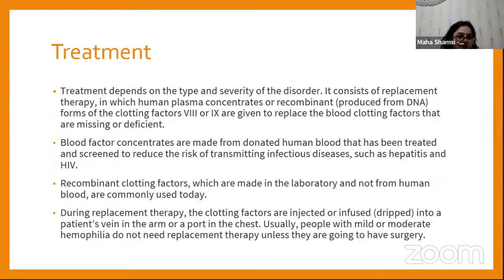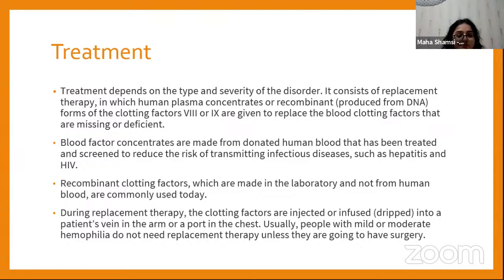But that blood has to be screened. Every blood is screened before it's donated, right? It has to be screened for infectious diseases, hepatitis, HIV, and other genetic disorders in America. Then recombinant clotting factors, which I mentioned, are often made in the laboratory, where biotechnology comes in, and they're not from human blood, which is commonly used today.